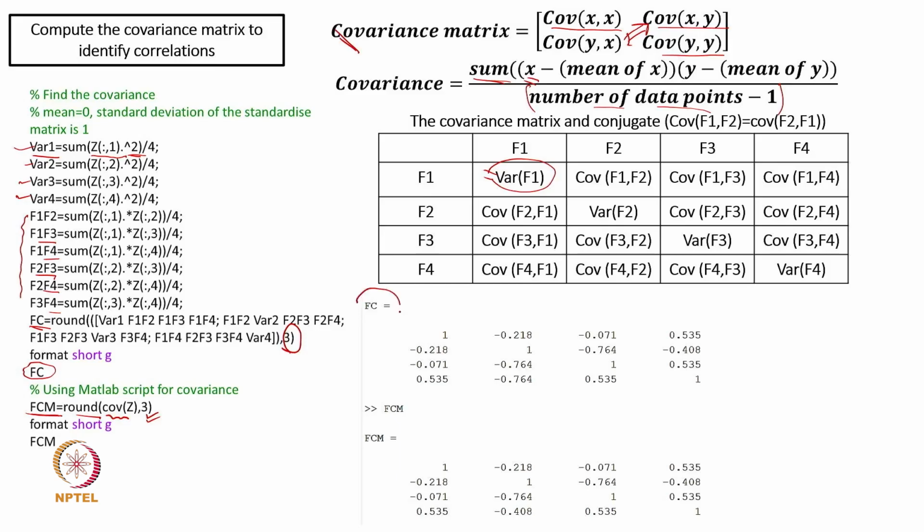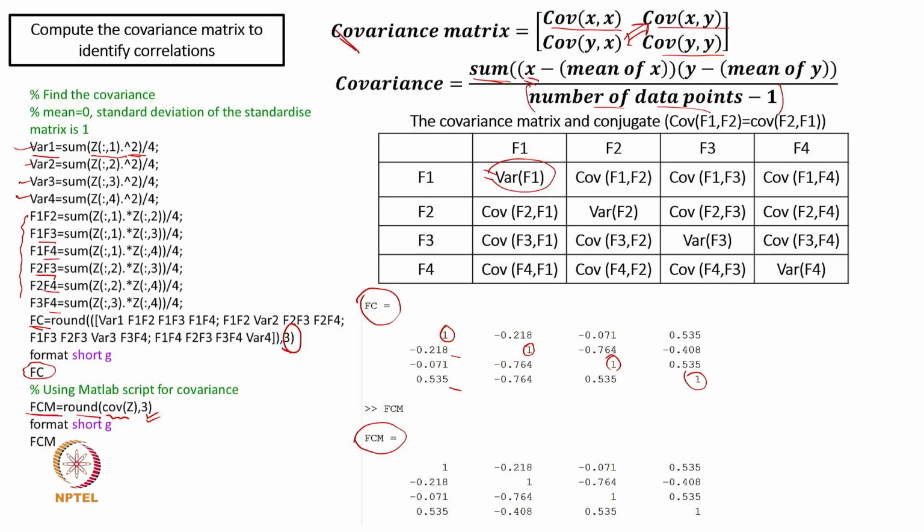So this is what we wrote in a program, and this is what MATLAB has generated. You can see there is a complete matching, and all diagonal elements need to be 1, because a 1 to 1 relation will be the same. F1 will have the same relation with F1, F2 with F2, that means equal to 1, which will not be the case for other entries. In other cases it can be negative, positive, very low or very high.